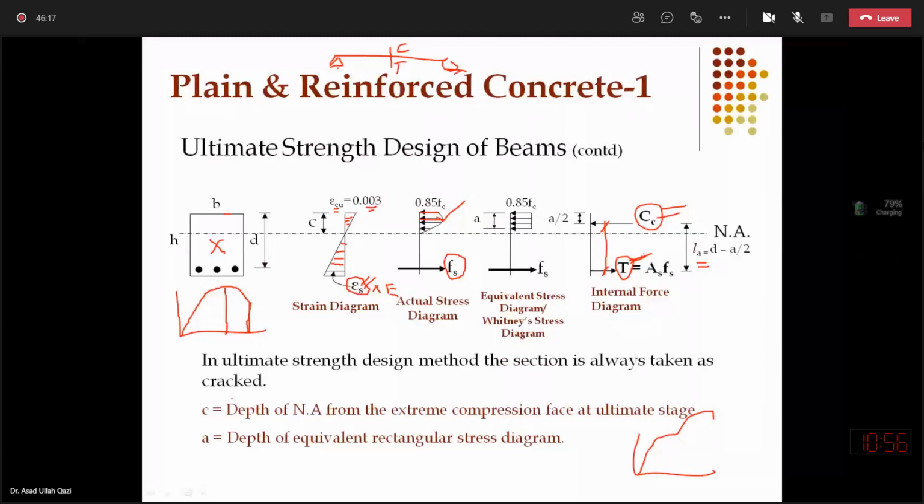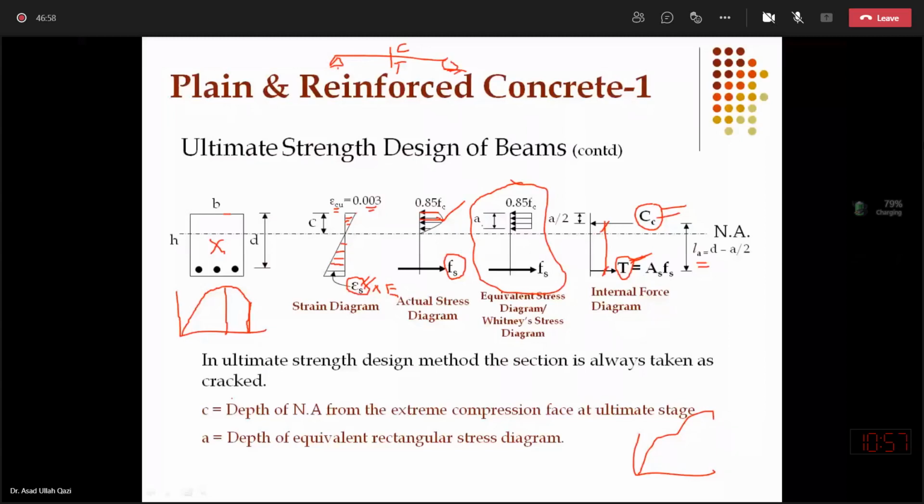In this slide, there is one additional picture in which you will find that only concrete is being replaced with a different picture. For steel, fs, whatever was the strain multiplied by E has given us fs. But only concrete is replaced with the uniform stress block of a depth a.